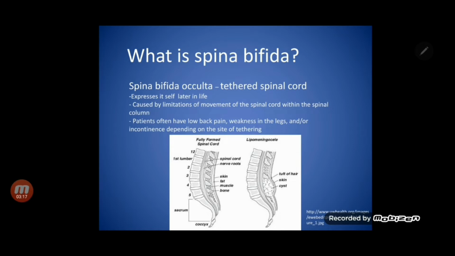In others, the malformations may cause incomplete paralysis with urinary and bowel dysfunctions. Usually this expresses itself later in life, and it is caused by the limitation of the movements of the spinal cord within the spinal column. Patients often have low back pain or weakness in the legs, or it expresses itself as incontinence, depending on the site of the tethering.